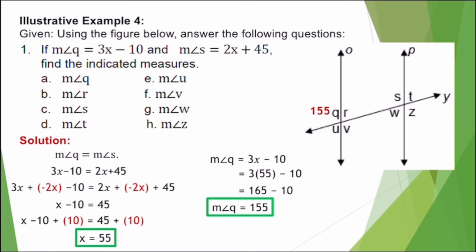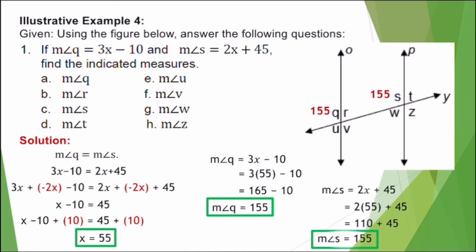Now, let's find the degree measure of angle S. Again, the value of the degree measure of angle S is 2x plus 45. Let's substitute again the value of x, which is 55. So 2 times 55 is 110 plus 45 is 155 also. So therefore, the degree measure of angle S is 155.